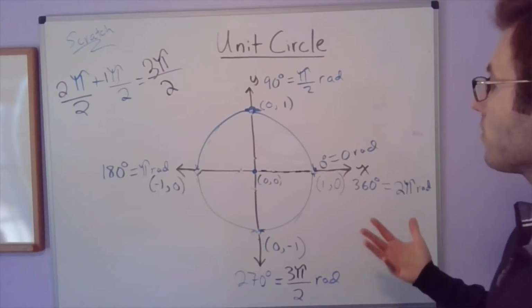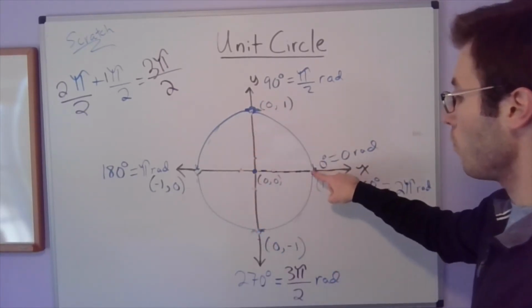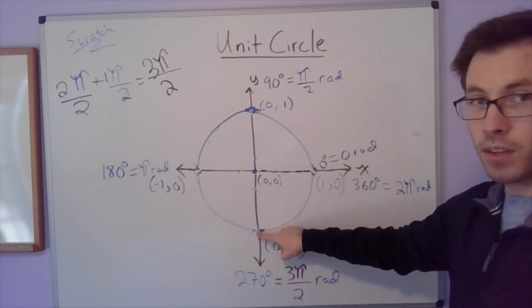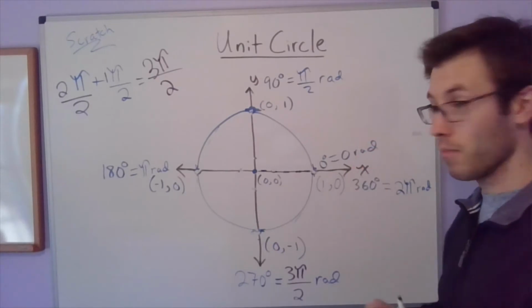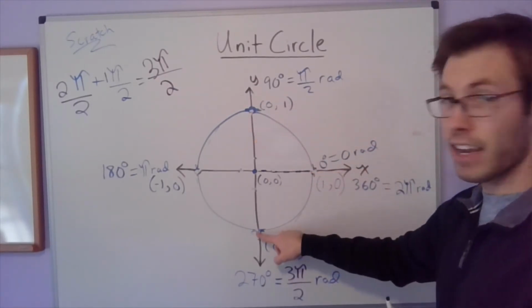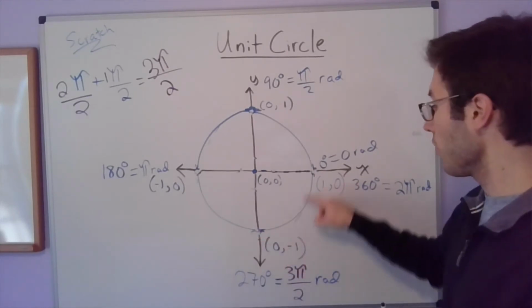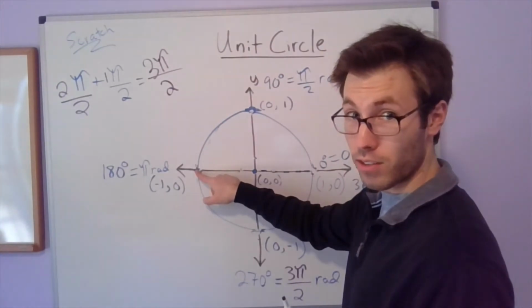Now we can also reference it like this. Instead of going around this way, we can go around this way. And this way, we just say it's negative here. So instead of saying this is 90 degrees, we just reference this as negative 90 degrees. This would be negative 180 degrees.